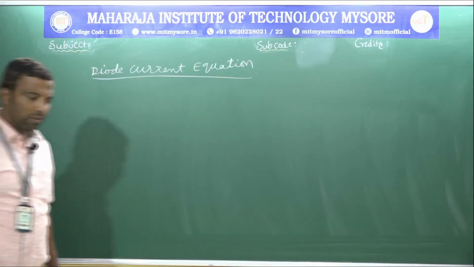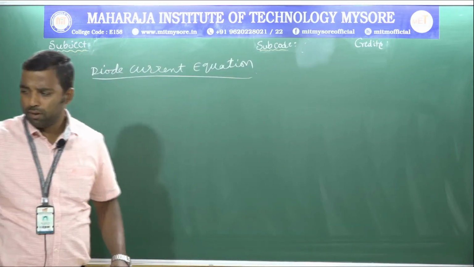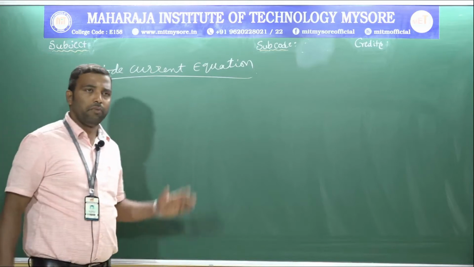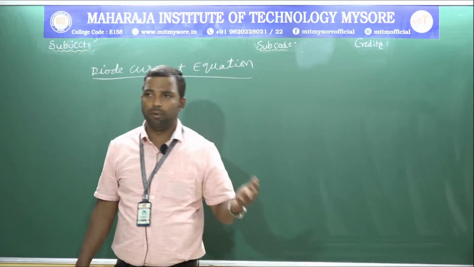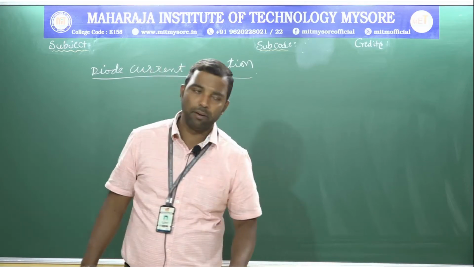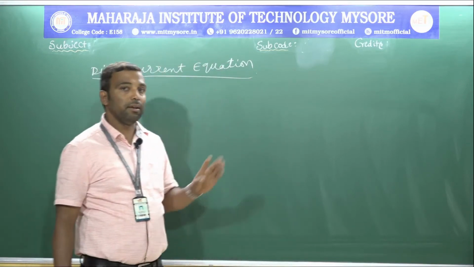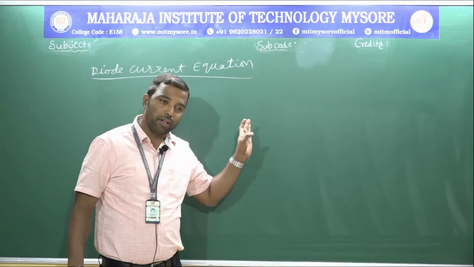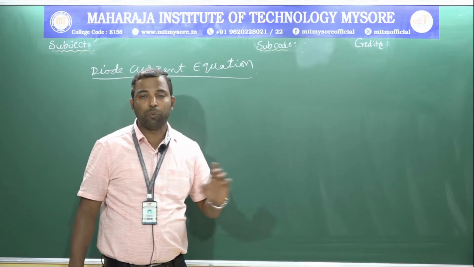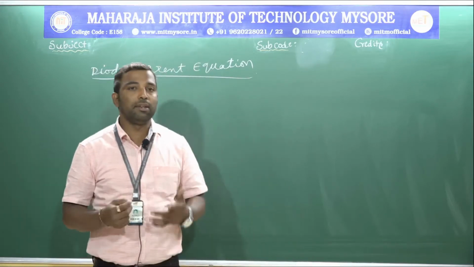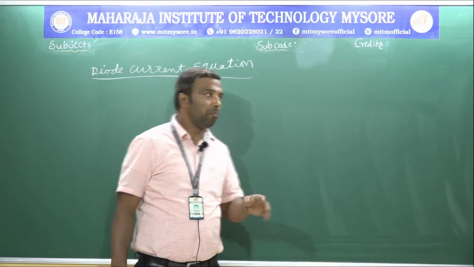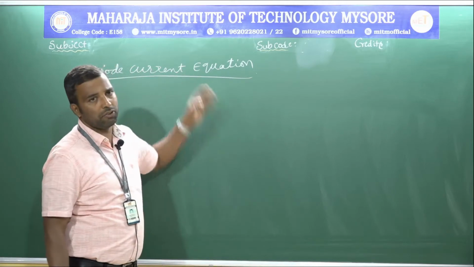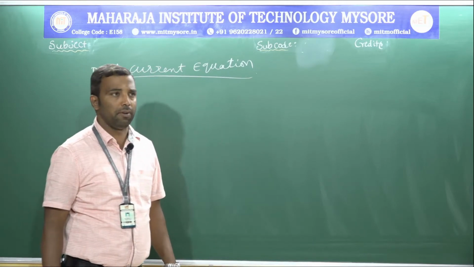Diode current equation. In the previous class I told that in the forward bias condition, for germanium or for silicon, the current increases exponentially after the threshold voltage. Why it is increasing exponentially, we will know by using the diode current equation.